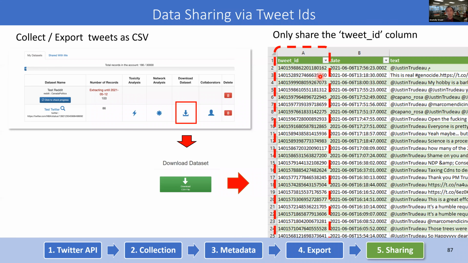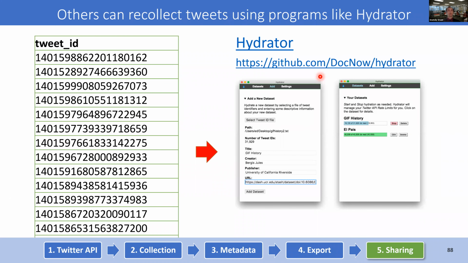Of course, it's different if you're working with collaborators on your team. They would need access to your data set. But we're talking about public sharing of the data set. Well, you ask me, what's the use of just sharing a bunch of tweet IDs? Well, other researchers can validate or reuse your data set with other programs like this one, Hydrator, which essentially takes a file with a list of Twitter identifiers and then recollects all of the tweets that you've used automatically.